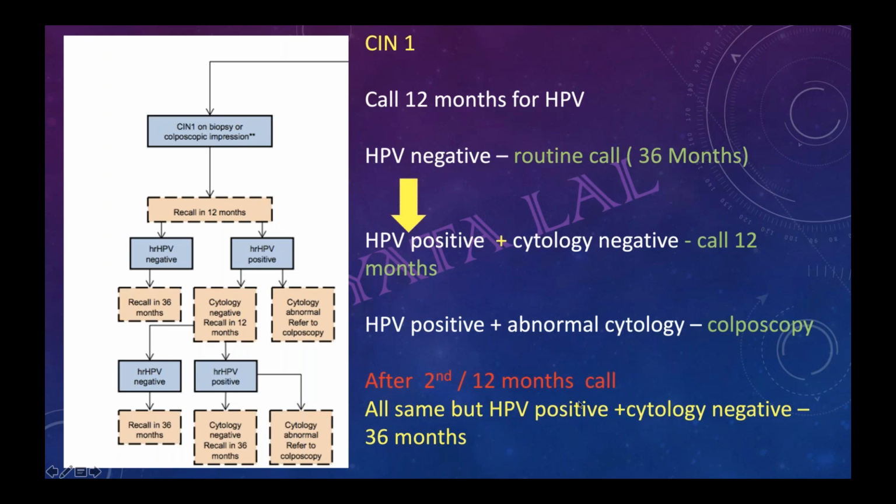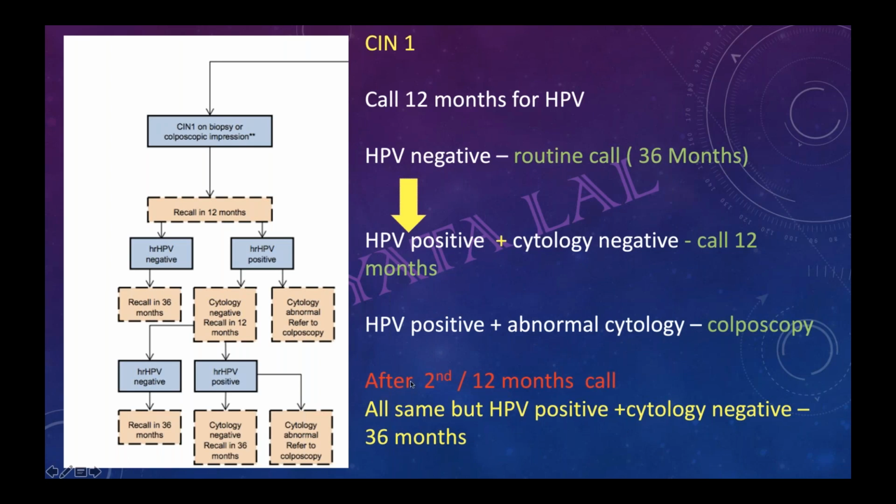Everything will be the same. HPV, if it is positive, you will do cytology. If the cytology is negative, in that situation you will call this patient at 36 months, after 3 years. And if it is abnormal, of course HPV positive and abnormal cytology will always go to colposcopy.